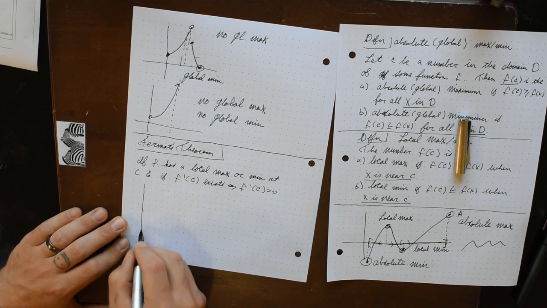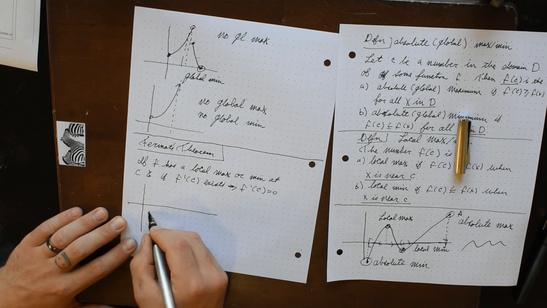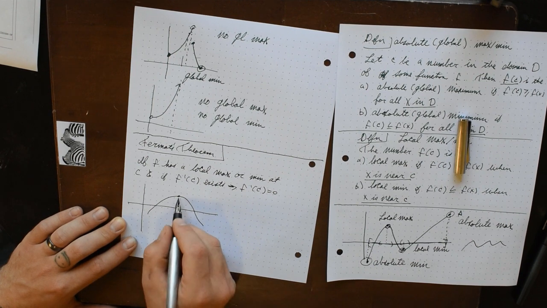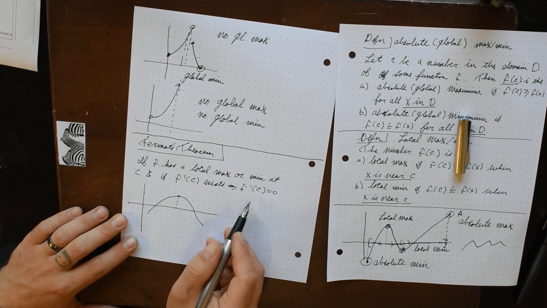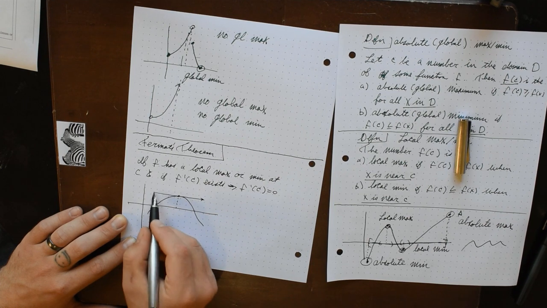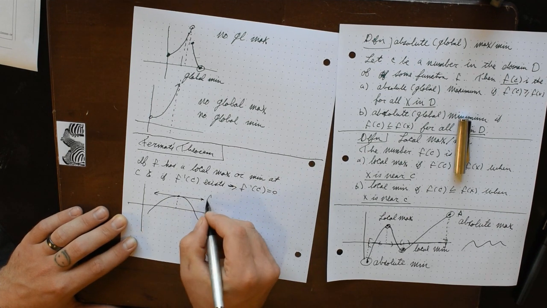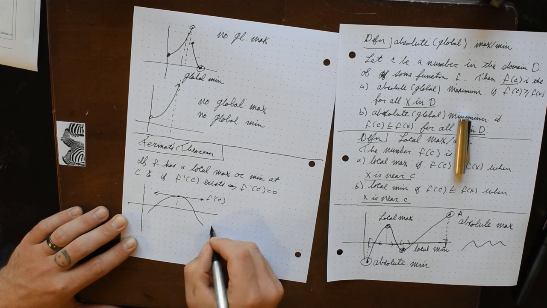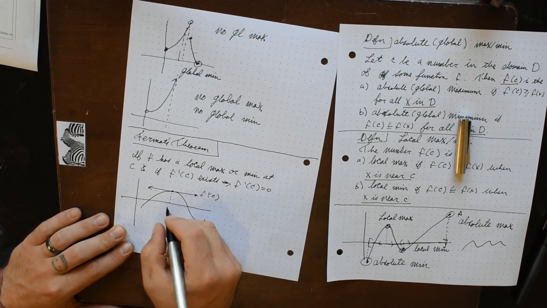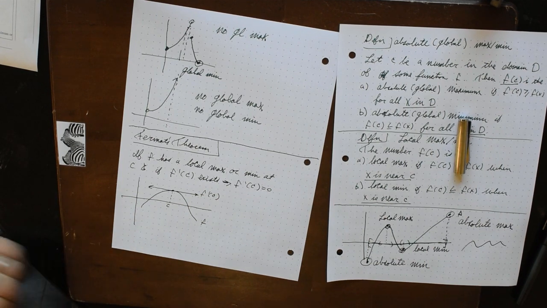So this function has a local minimum right here, and if you look, the tangent line is flat at that point. This is our f prime, and this is our f of c, and this is our value of c.